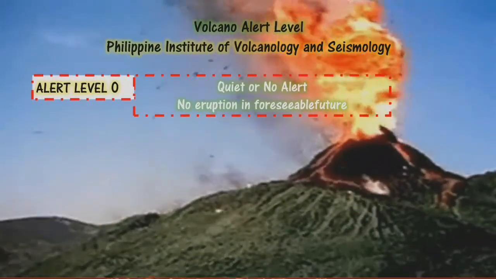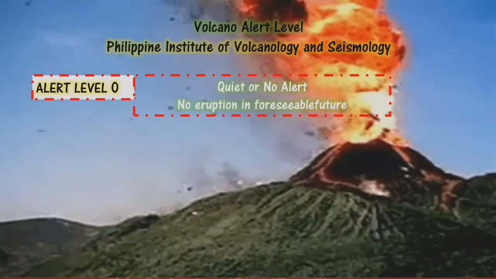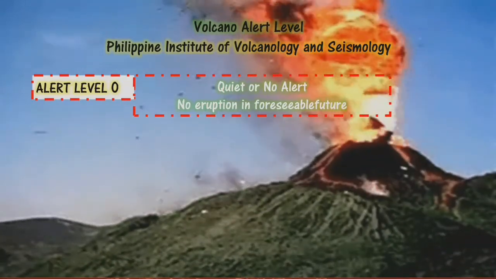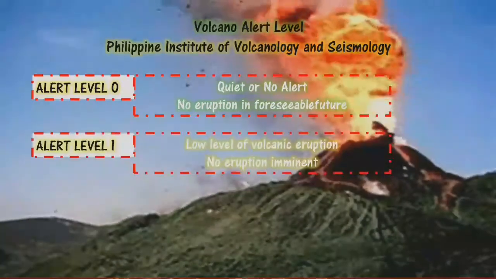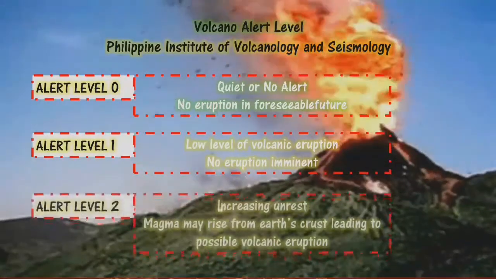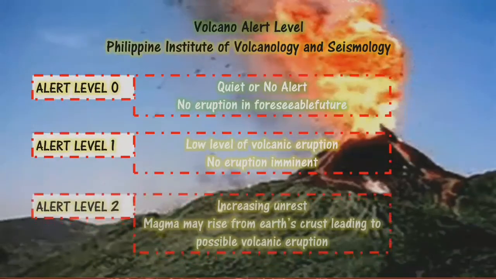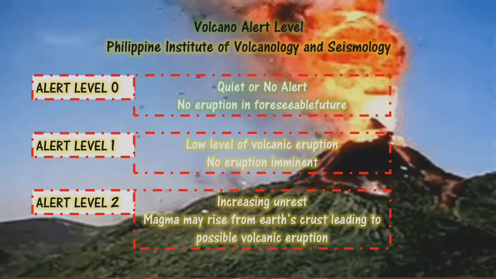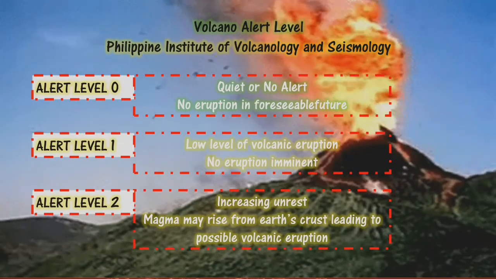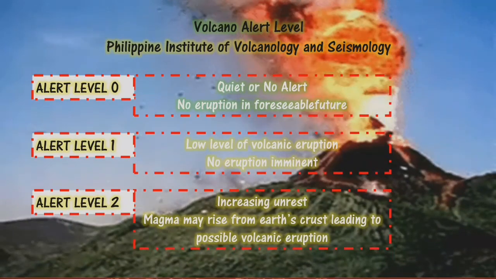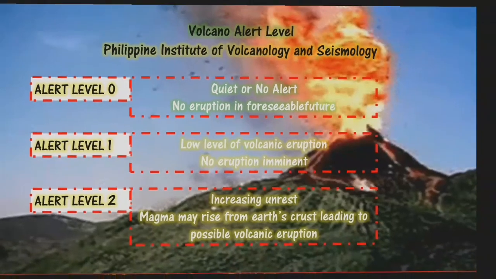So let us describe the volcano alert levels listed by the Philippine Institute of Volcanology and Seismology, also known as PHIVOLCS. Alert level 0 is quiet or no alert, meaning no eruption is foreseeable in the future.